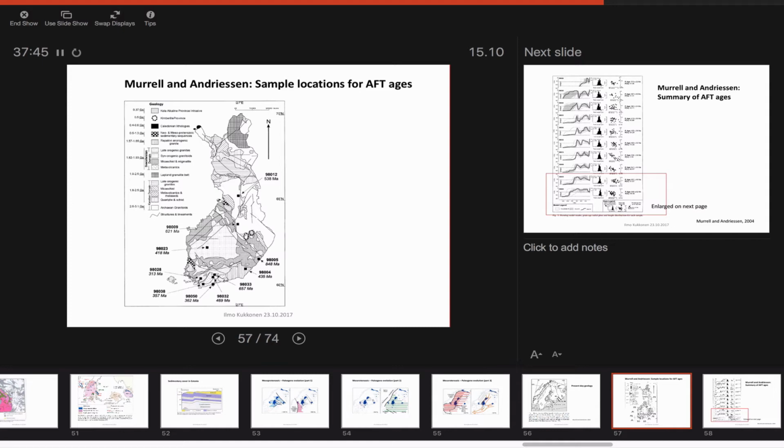So this gentleman did this work, and at that time he had to do it manually. He was counting tens of thousands of tracks by eye under the microscope, and he got results. They were showing much younger ages than were expected from uranium-lead, of course. And somehow the result was kind of ignored. It was not really taken into account, and it was not continued.